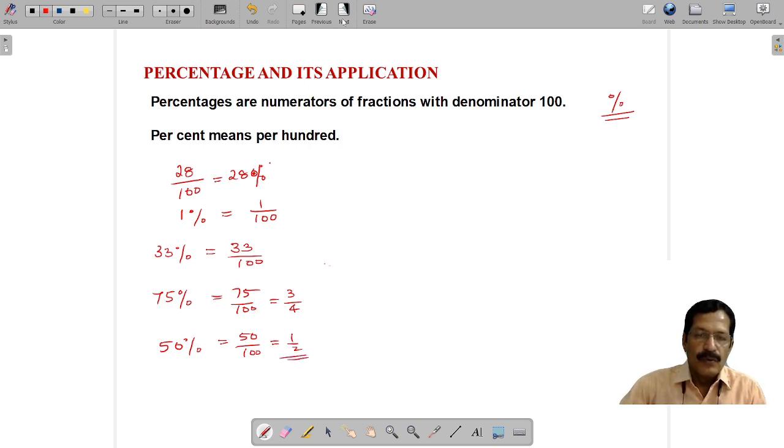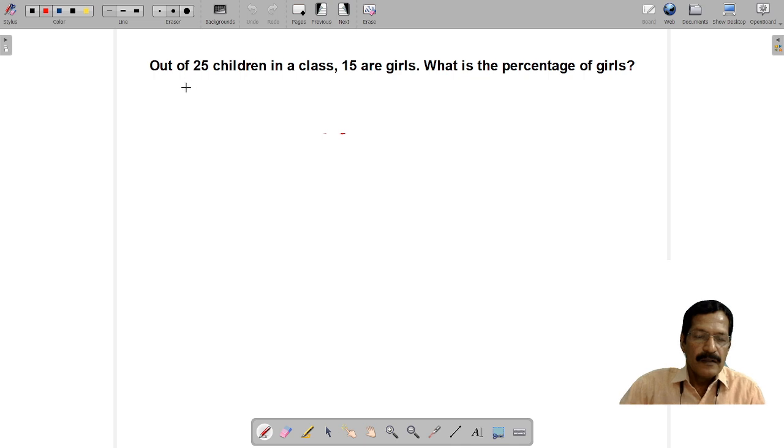Dear children, one question. Out of 25 children in a class, 15 are girls. What is the percentage of girls? So total strength is 25 and 15 are girls.